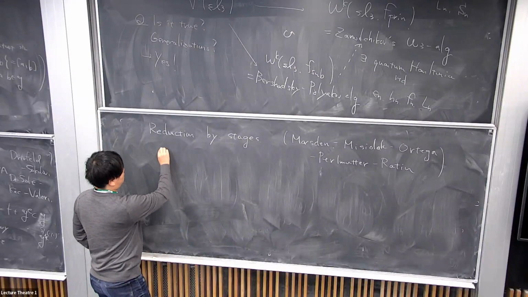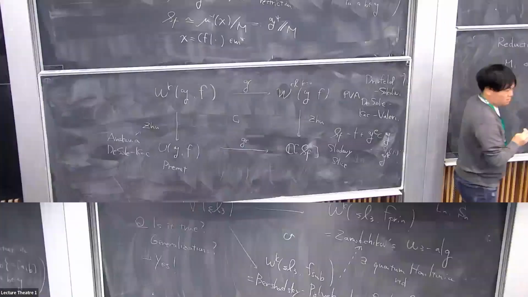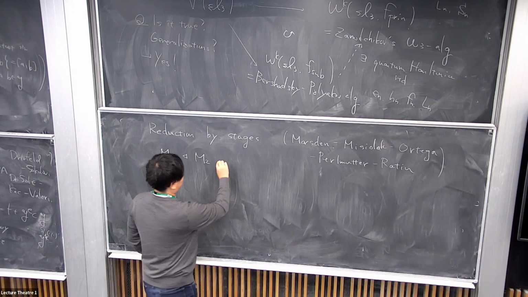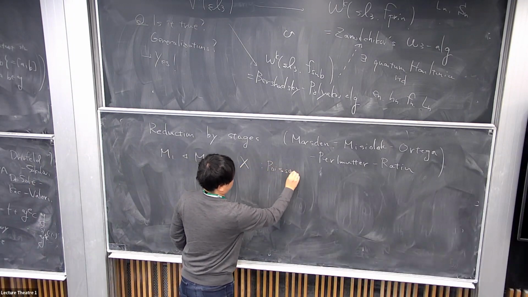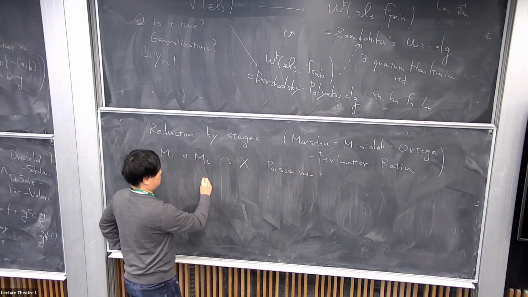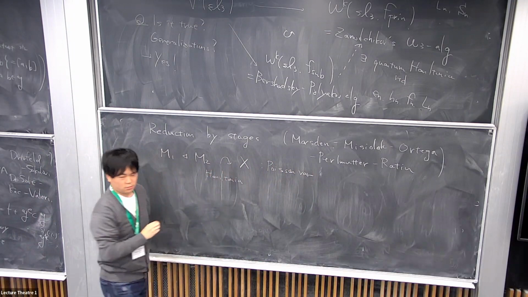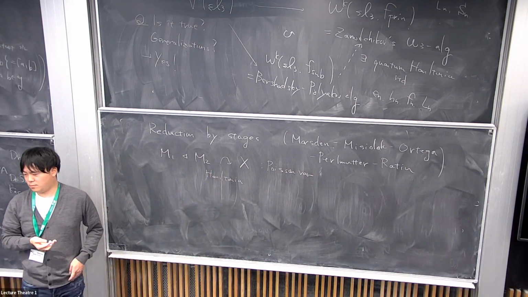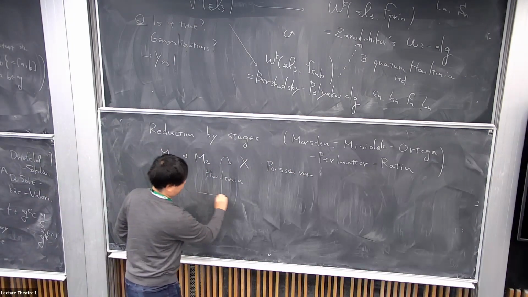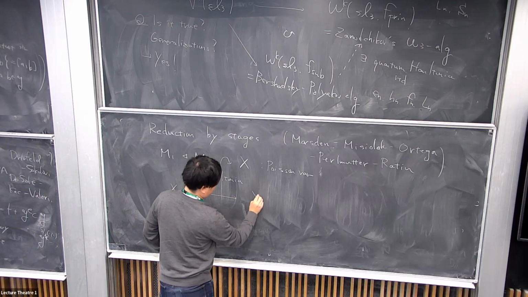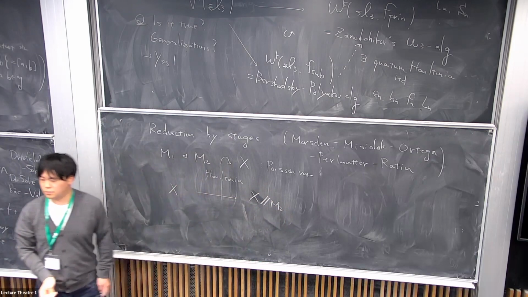If you think of M1 as a normal subgroup of M2, and this M2 acts on some Poisson manifold X, and we assume that this action is Hamiltonian, meaning this action is induced from some moment map. Then, starting with X, we can think about a Hamiltonian reduction by using M2.